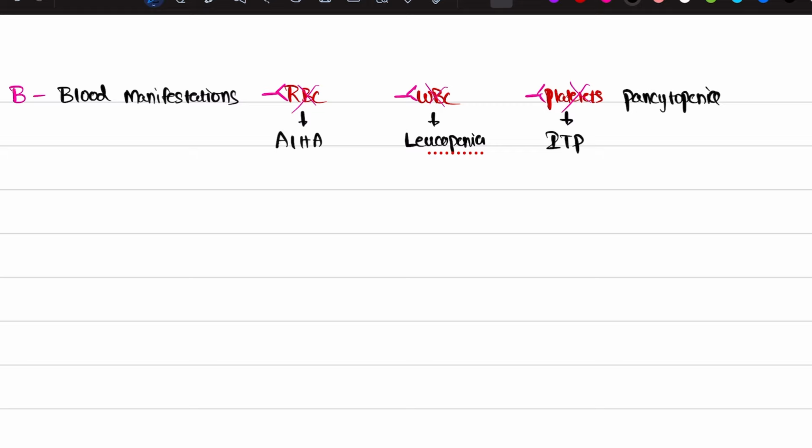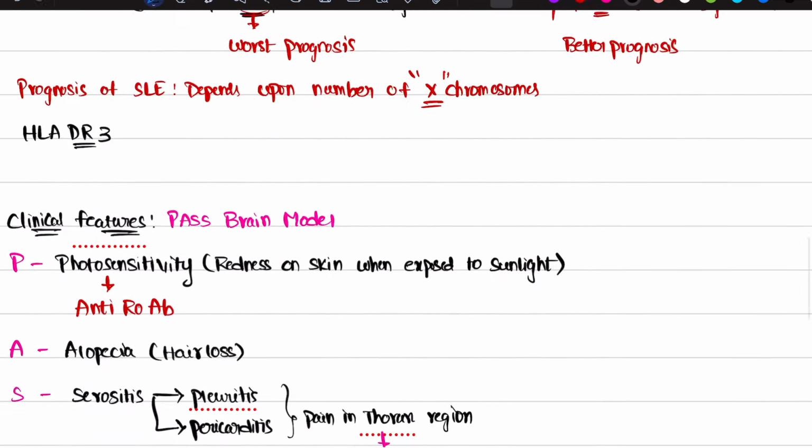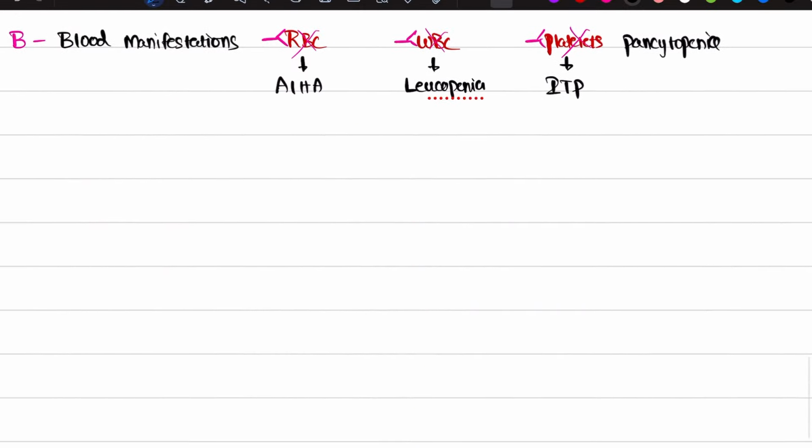I hope you guys know this full form. I am again repeating this one: idiopathic or autoimmune thrombocytopenic purpura. Purpura, P. And the first we completed, B.